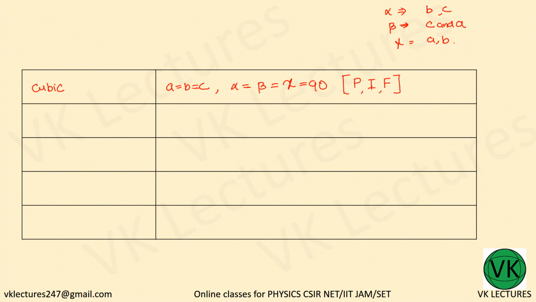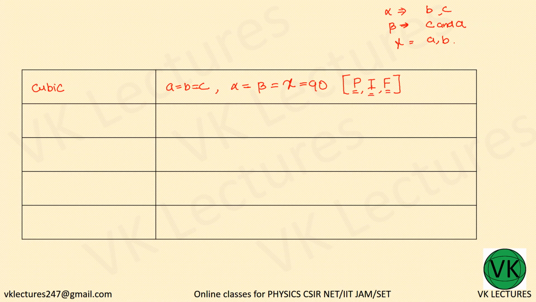So once again this is P for simple cubic primitive, I for body centered, and F for face centered.